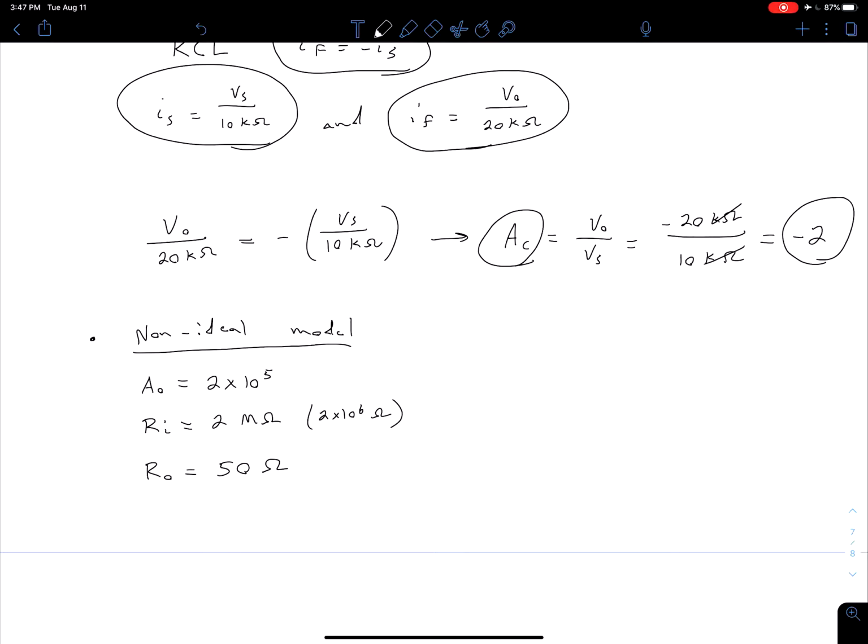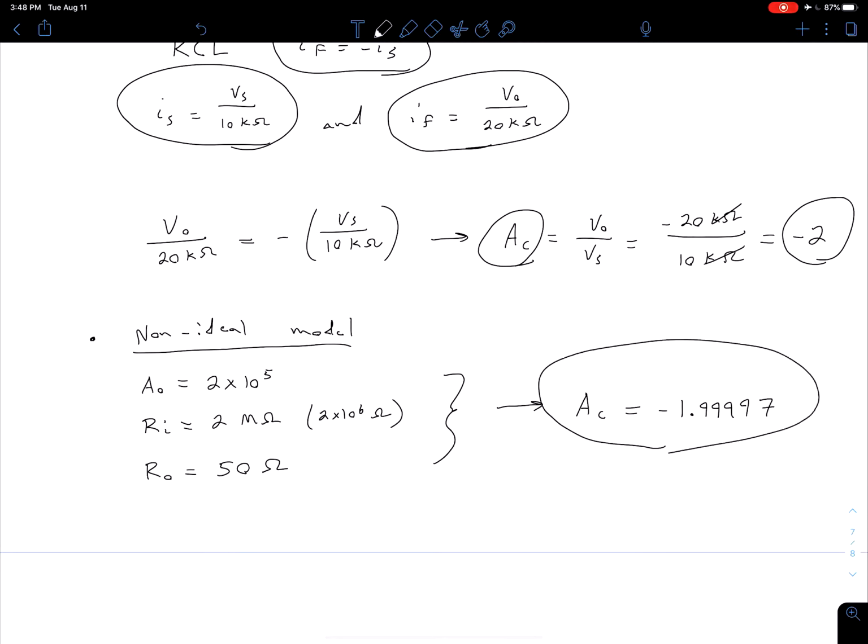So if we plug all of these things into the non-ideal model that we showed in a previous video, we end up getting a closed loop gain of negative 1.999997, so 4 nines and a 7. Now we can compare these two values, and we see that negative 2 is very close to negative 1.999997.